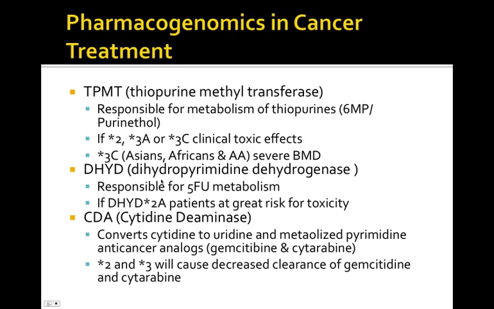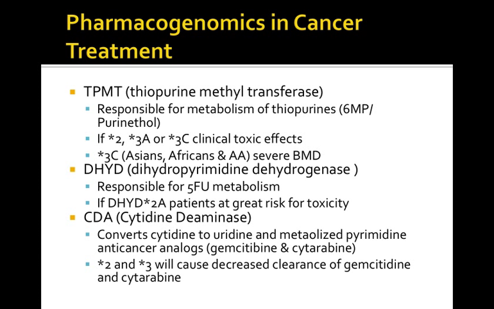Another enzyme that might be genetically programmed to be absent or in much lower quantities is dihydropyrimidine dehydrogenase, or DPD. This is responsible for the metabolism of 5-FU, which is a commonly used chemotherapy agent. This was first brought to light by, again, that same group at St. Jude's with Bill Evans, a pharmacist.